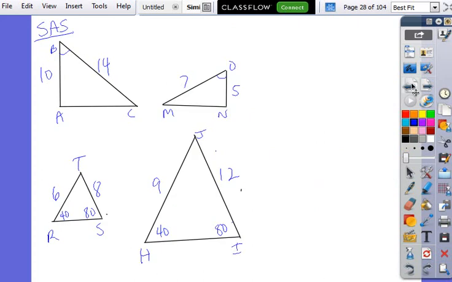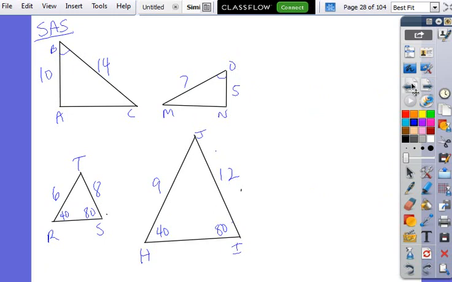All right, when I'm doing side angle side, the first thing I'm going to look at is, is the angle in the right spot? Where did we say the angle had to be? What did that rule say that we copied down at the beginning? But where in relation to the sides? The main portion, the middle.